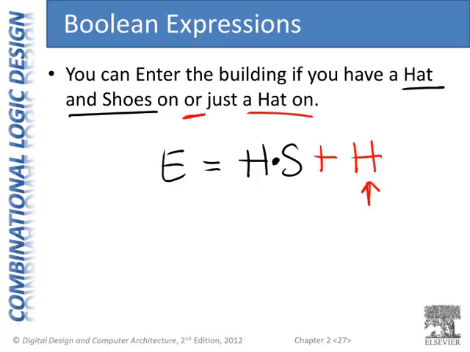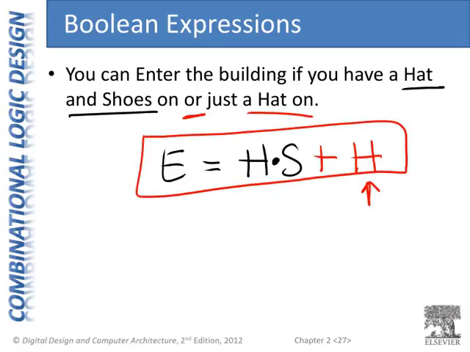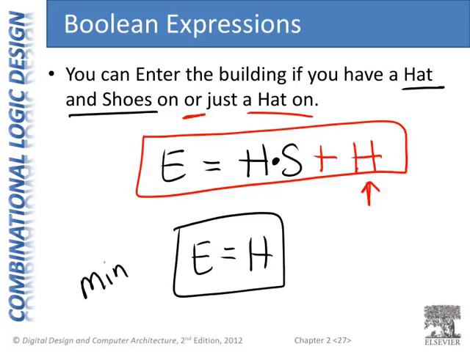So this is the correct expression for the statement above, but you may realize that we could have reduced this. Logically, this is the same as saying you can enter the building if you have a hat on. This term is already covered by that term.